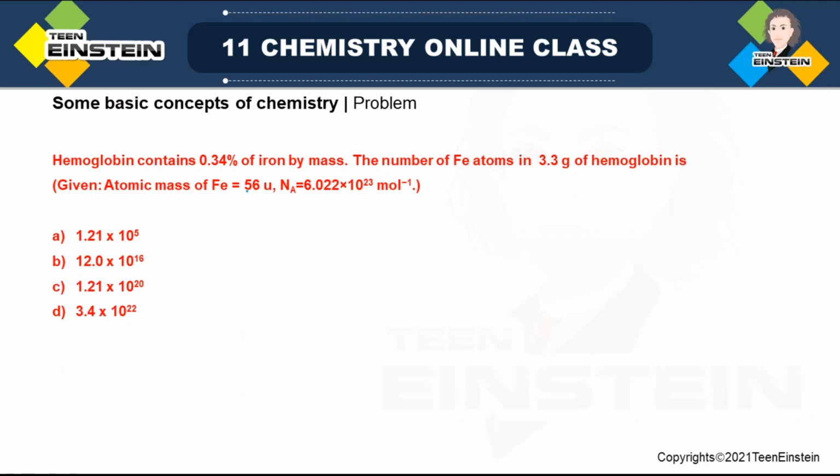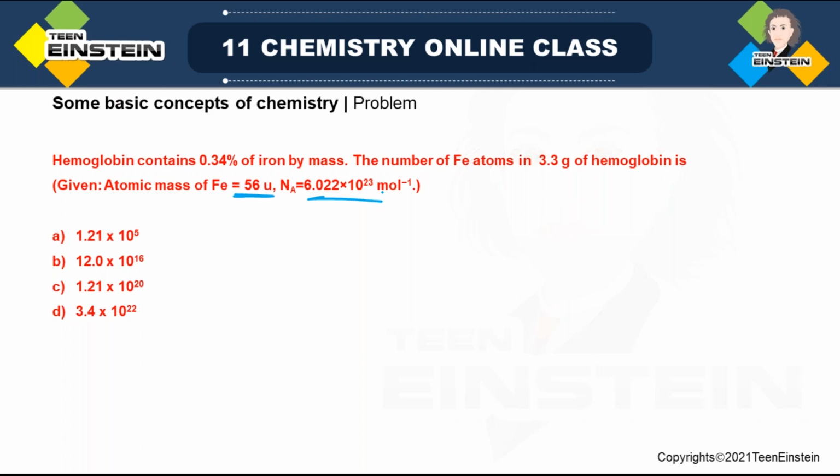The atomic mass of iron is given as 56 U, and the Avogadro number, though mostly we can remember this value, it is used so many times, so frequently. If you can remember it, it is better, because sometimes in a problem it will be given, then it's fine. So the percentage of iron is given, and the given mass of hemoglobin is also given.